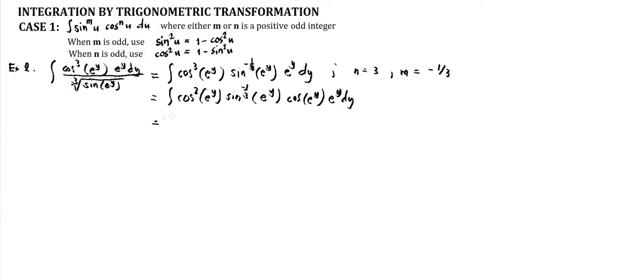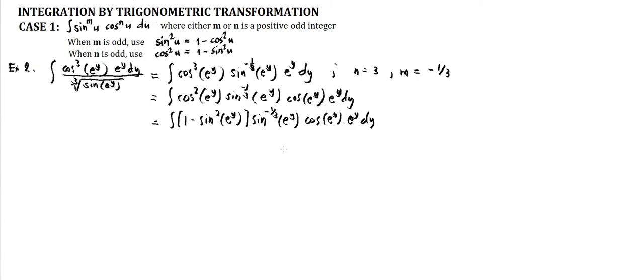So, palitan natin yun ng 1 minus sine squared of e to the y, and then times sine to the negative 1/3 of e to the y, and then times cosine of e to the y, and then e raised to y dy.